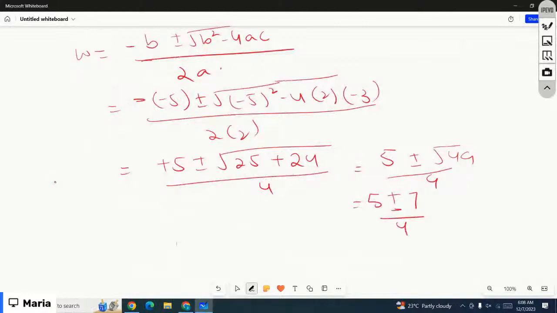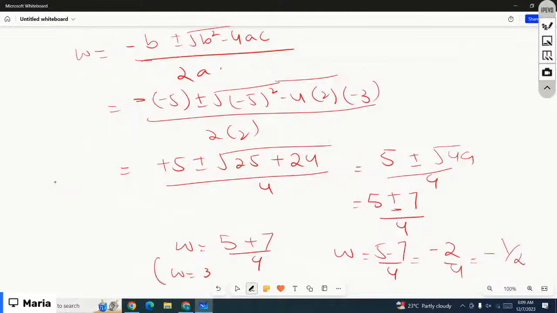So let's evaluate with the positive sign and the negative sign: 5 plus 7 over 4, and 5 minus 7 over 4. 5 plus 7 is 12 over 4. 12 over 4 is 3. And 5 minus 7 is negative 2 over 4. That is negative 1 over 2.